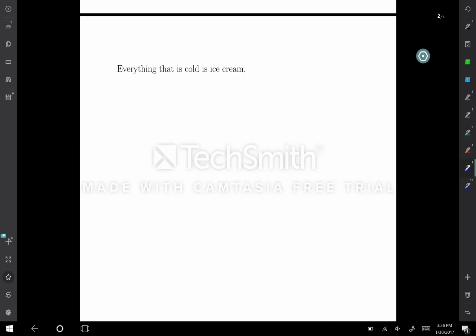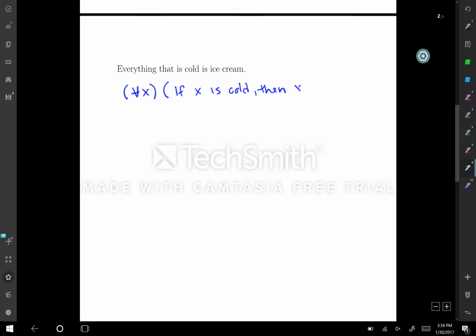Here, our statement we can consider as, for all X, if X is cold, then X is ice cream.